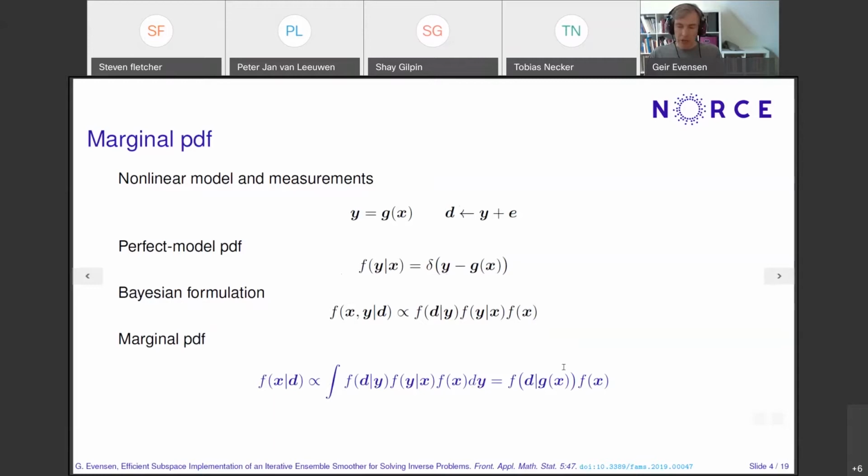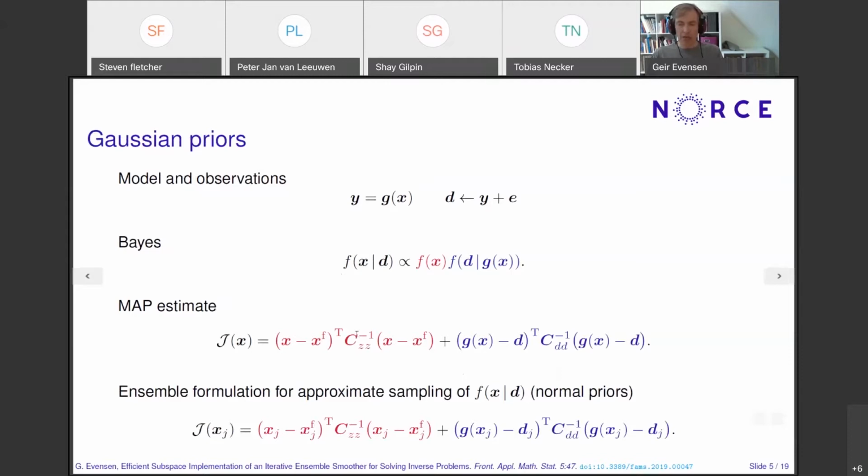Now we can make assumptions about the likelihood and about the prior PDF. If we assume they are Gaussian, then maximizing this posterior PDF is the same as minimizing a quadratic cost function of this form.